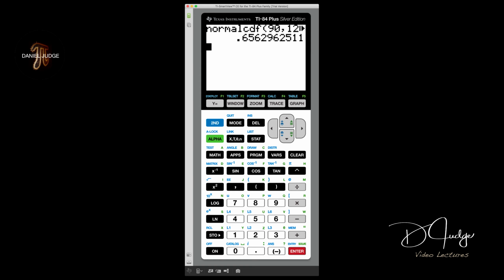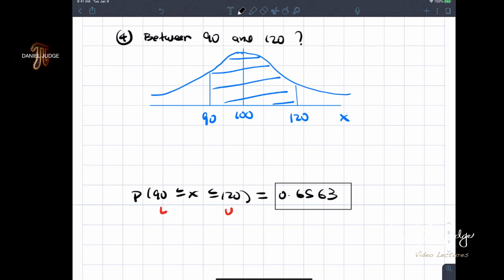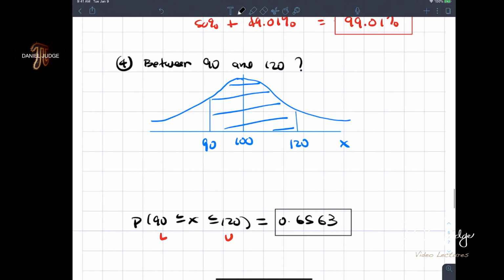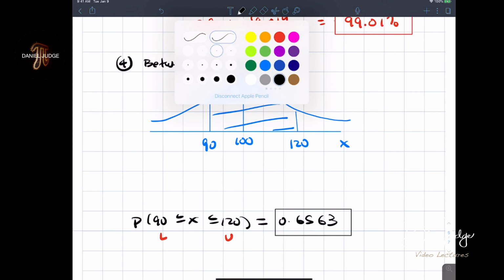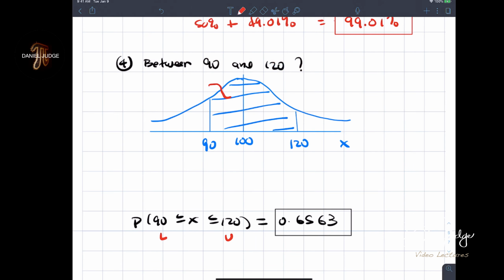Now, let's compare that to using the table, because not all of us are going to use the TI. If we use tables, we need the percent of the bell that's shaded to the left and the percent that's shaded to the right. We have to convert to Z values.